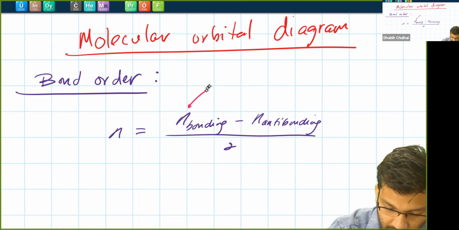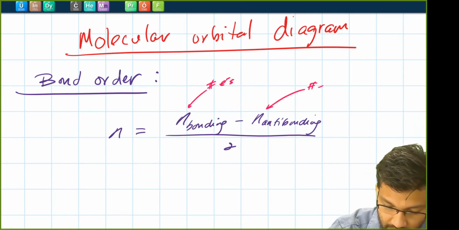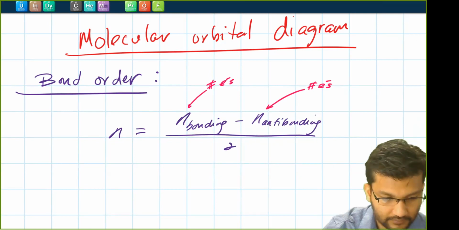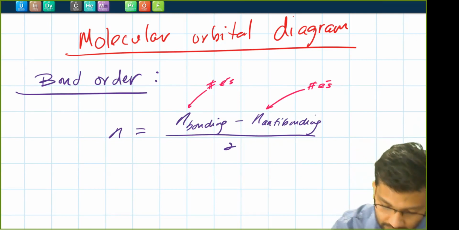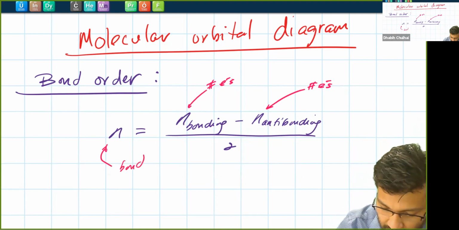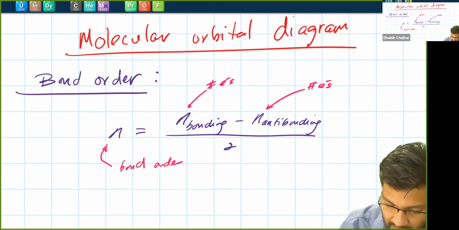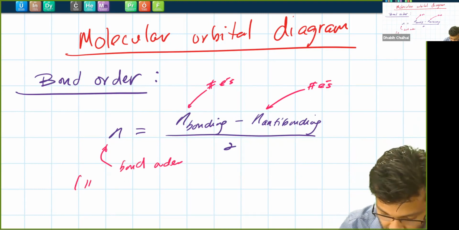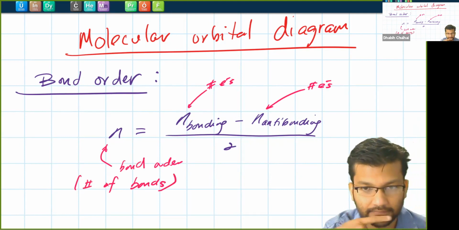These are the number of electrons in each of those. That's the bond order. And you can think of this as representing the number of bonds.